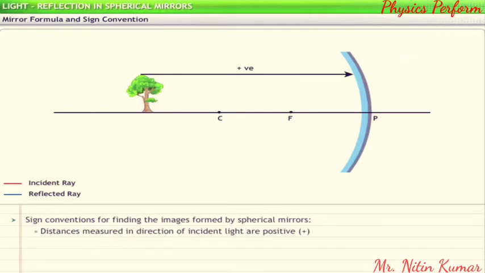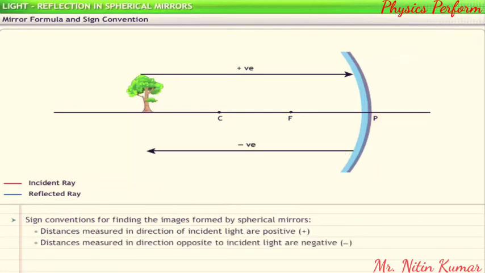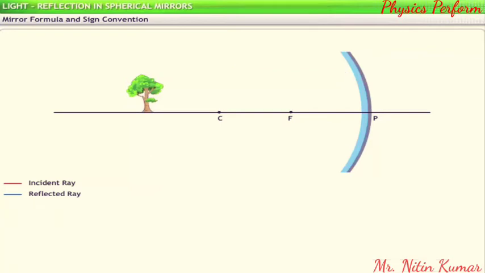The distances measured in the direction of the incident light are taken as positive. The distances measured in the direction opposite to that of the incident light are taken as negative. Try to apply the mirror formula in this problem.